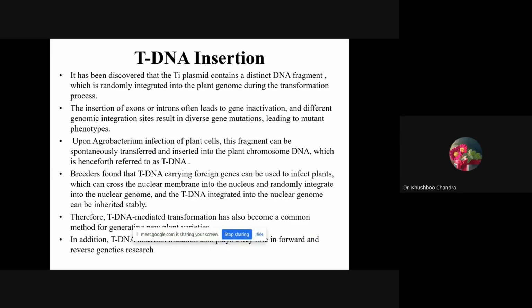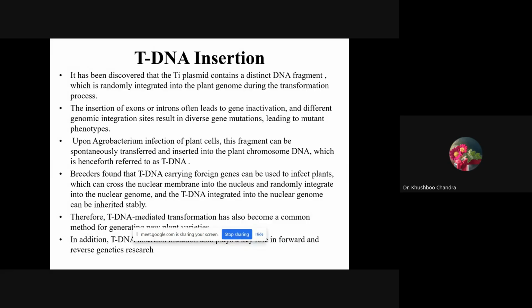So now coming to tDNA insertion and transposon. tDNA, generally through Agrobacterium, leads to gene disruption and mutation, right? And transposon was first discovered in maize, and it can create genetic variation through transmission or movement within the genome sequence.